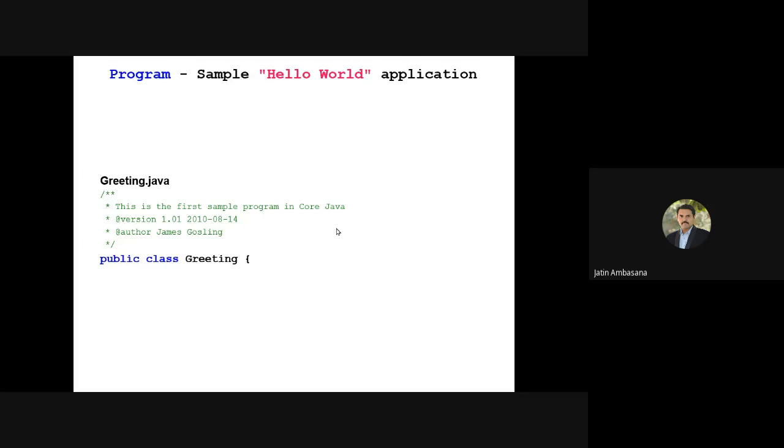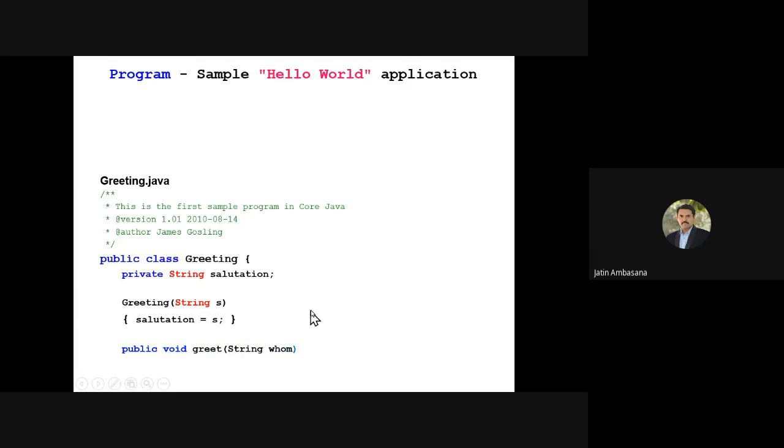Suppose this is class Greeting, and salutation is what? This is called the instance variable of this class. Then there is a constructor in which we pass a parameter, which will be assigned to the salutation, right?